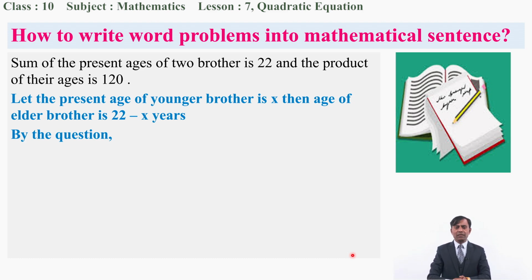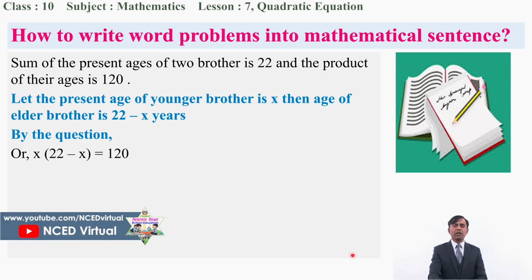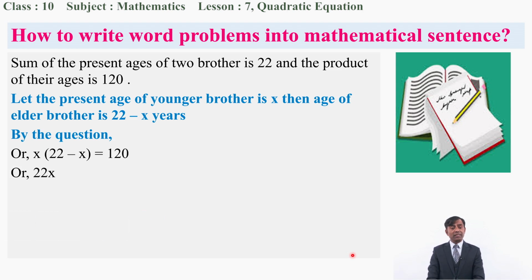So X multiplied by 22 minus X is equal to 120. Now let's multiply X inside the bracket. X multiplied by 22 minus X. When X is multiplied by 22, what is the result? That is 22X, minus X multiplied by X, that is X square. This is equal to 120.